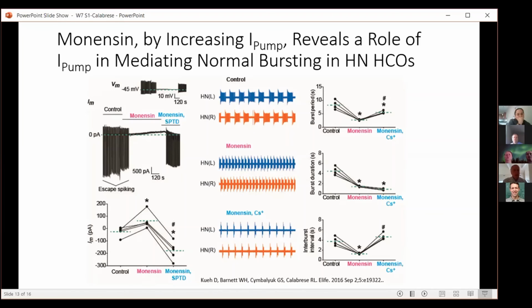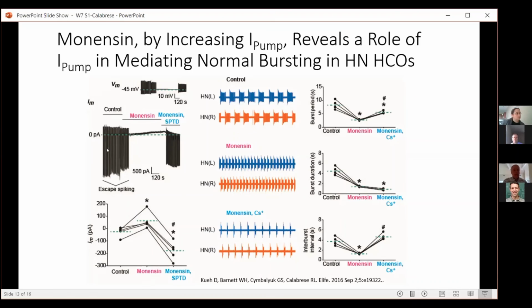What was done here was to voltage clamp one of the cells, and there's some escape spiking we can't keep from happening. We're voltage clamping at -45. Here's the voltage trace. Then we add the ionophore monensin, which increases the internal concentration of sodium.